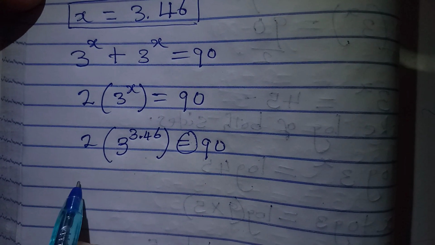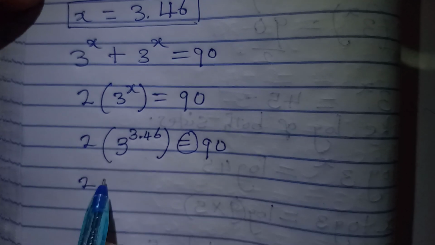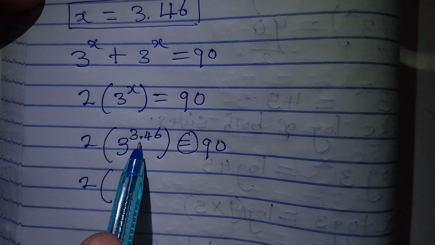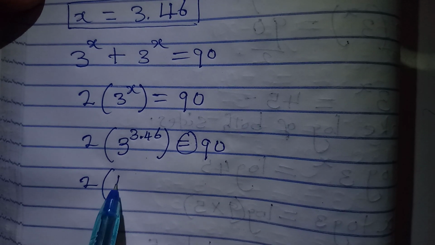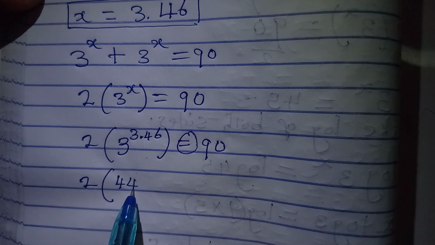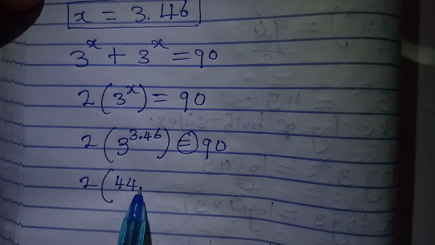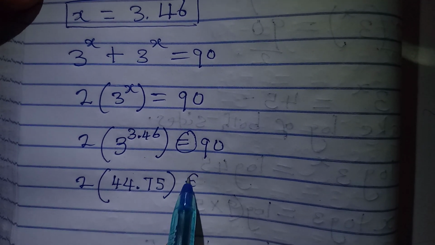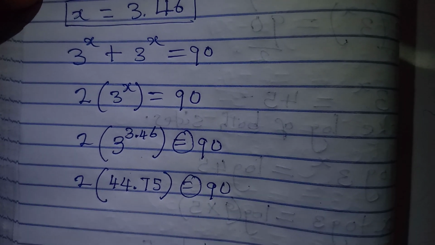Let's take a step. 3 to the power of 3.46 will give us 44.75 approximately, and will this be equal to 90?